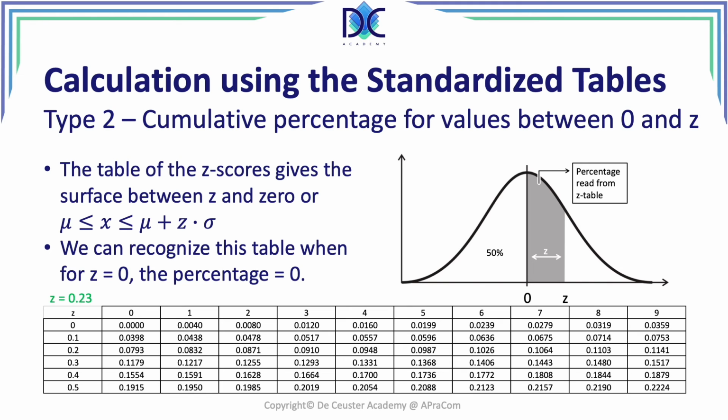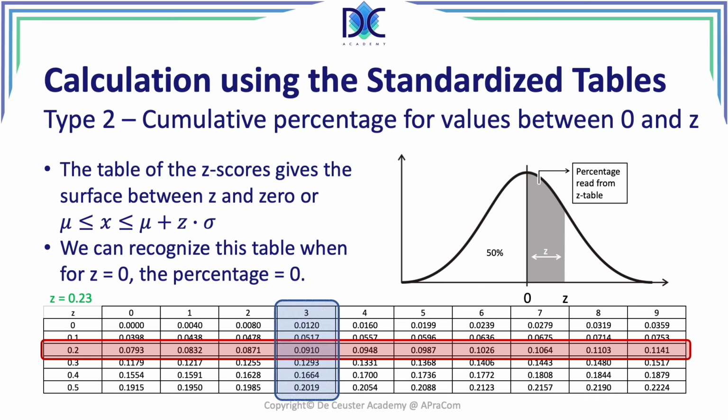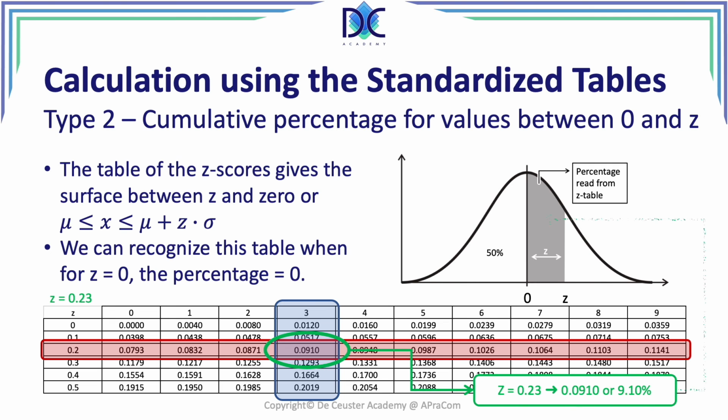For z equal to 0.23, we first select the row where we have 0.2. Then we select the column where we have 3. The intersection gives us 0.091, or 9.1%. So basically we find that this surface here is equal to 9.1%.